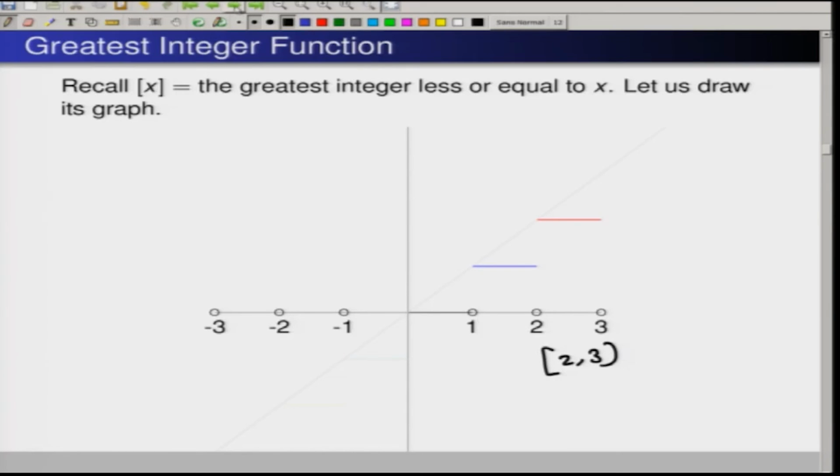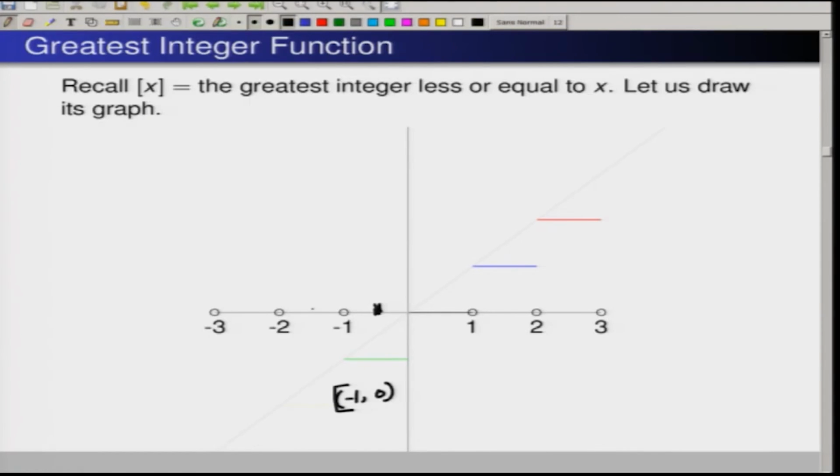Similarly, now on the negative side, if your interval is minus 1 closed, 0 open, then this is going to be negative 1, because the greatest integer less than or equal to x is nothing but negative 1.